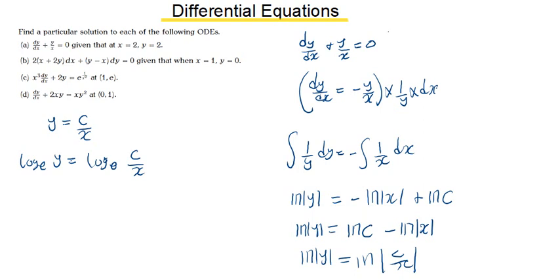I just want to explain why it comes to this, and that it's not really straightforward that you're just cancelling out. What we are saying is that our base e raised to that equals y. So y equals e raised to the power log base e of c over x. You observe that you have e here and you have e there, giving you y equals c over x.